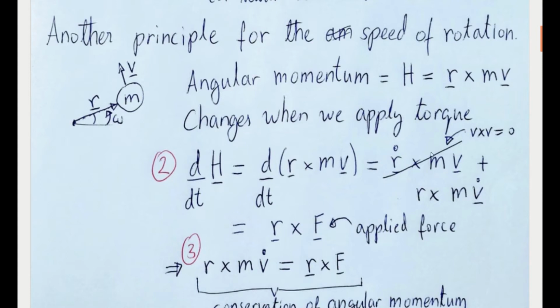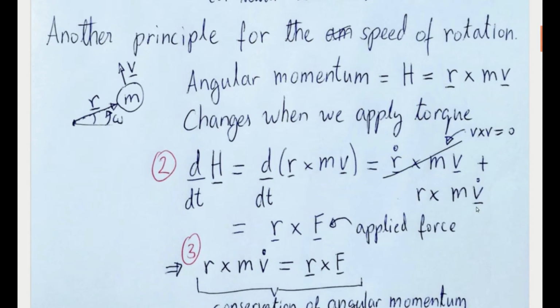I've crossed out this term here because r dot, as r is following the particle around, is the same as the particle velocity. So this becomes v crossed with v, and any vector crossed with itself is always 0. So the result of the change of angular momentum is just r, sorry, this should be underlined, crossed m, v dot underlined.